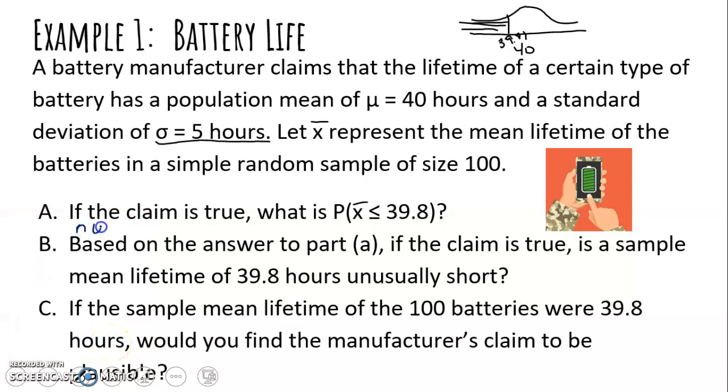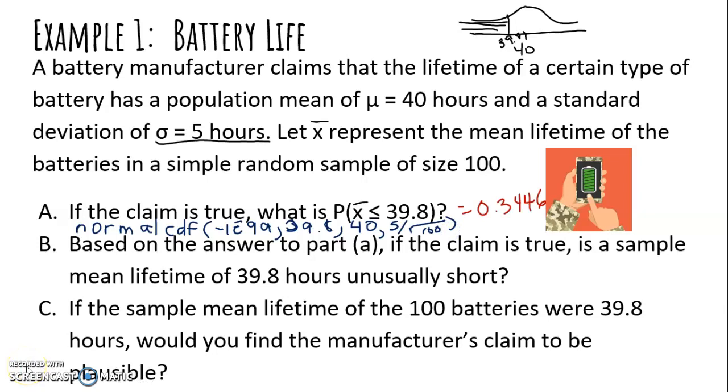So this would be normal CDF, and we're going from negative infinity to 39.8, followed by the mean, which is 40, followed by the standard error, because it's for a sample. So 5 over the square root of 100. And we get 0.3446.